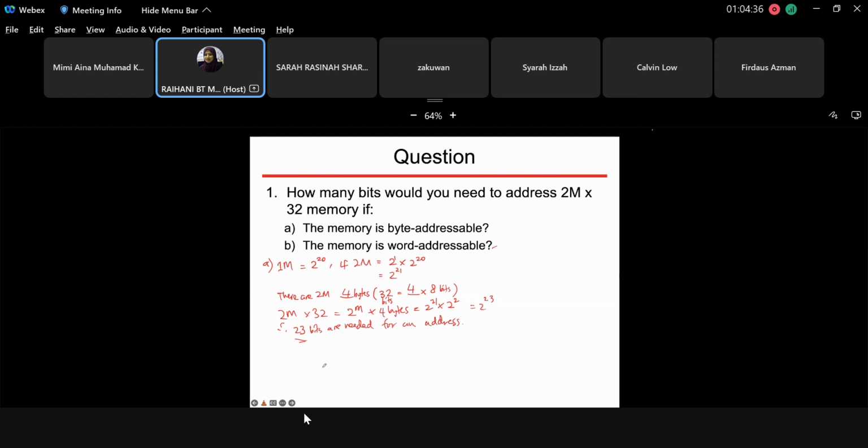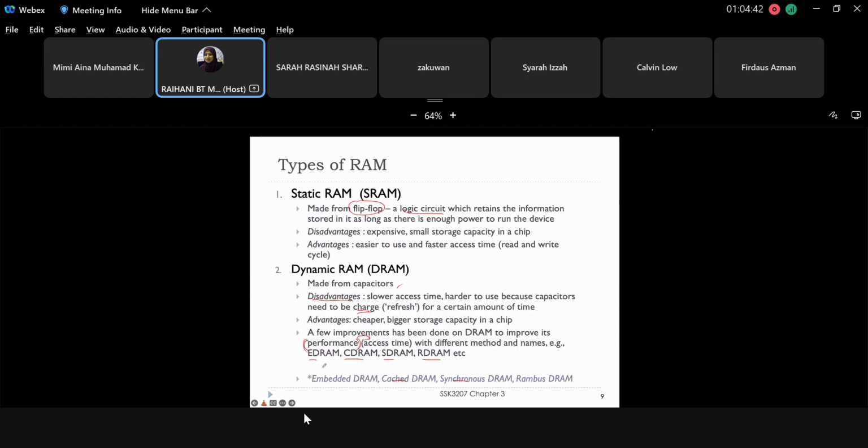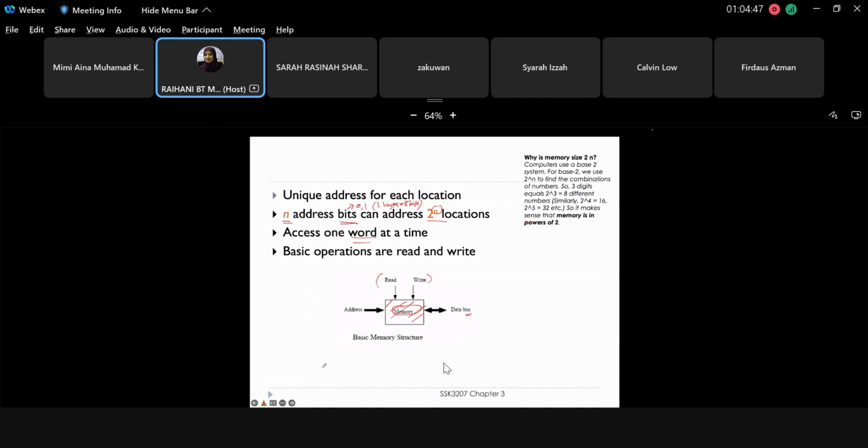In the word, kan dia ada, remember this one, this slide? Mana I cakap tadi? Tak ada kat sini. This one. For the address, it's stored in bit 01.